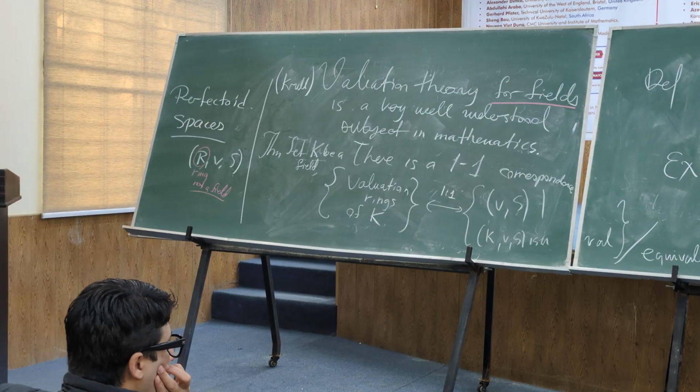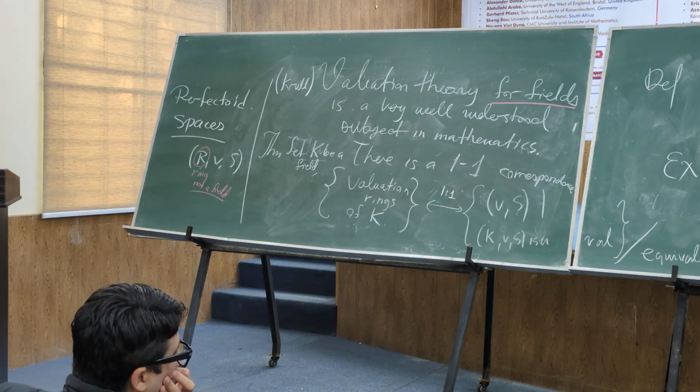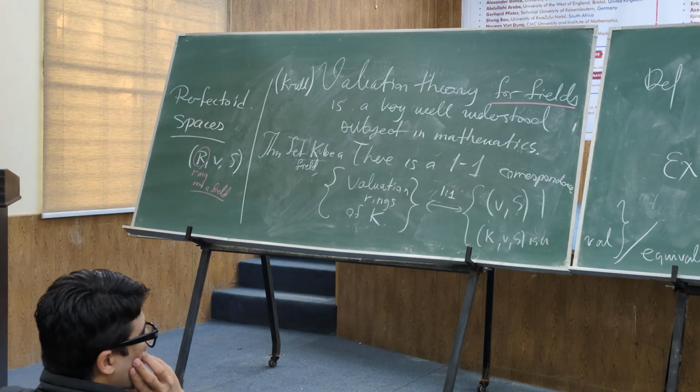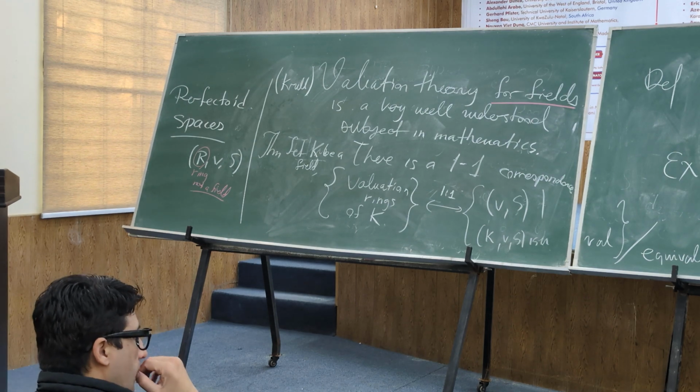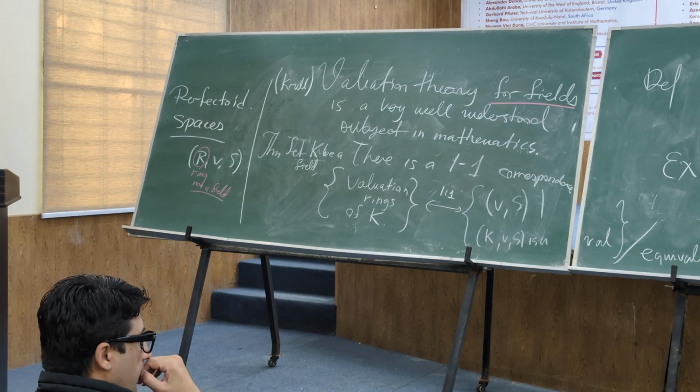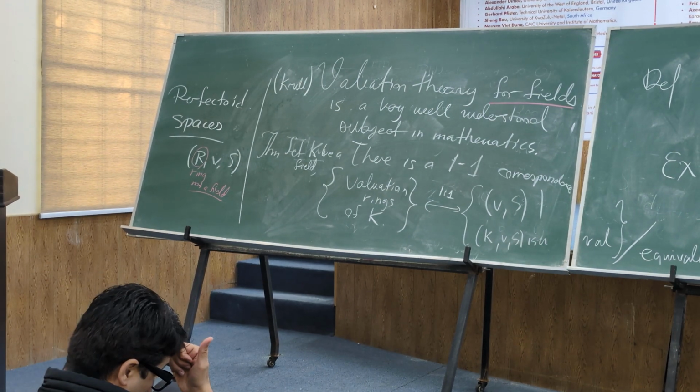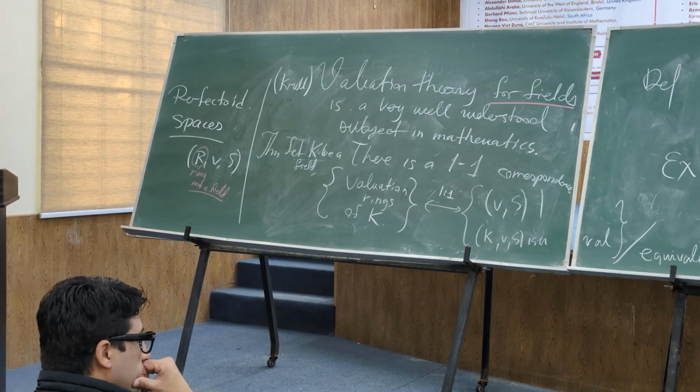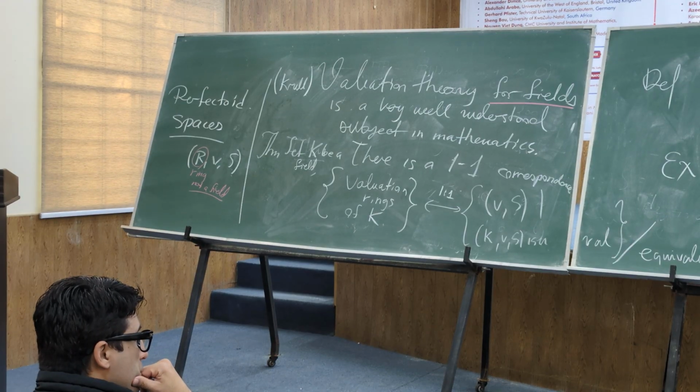For example, take p equal to 2. 2 is prime, right? So these are the rational numbers such that b is not divisible by 2. That's the localization of the integers at the prime ideal 2.